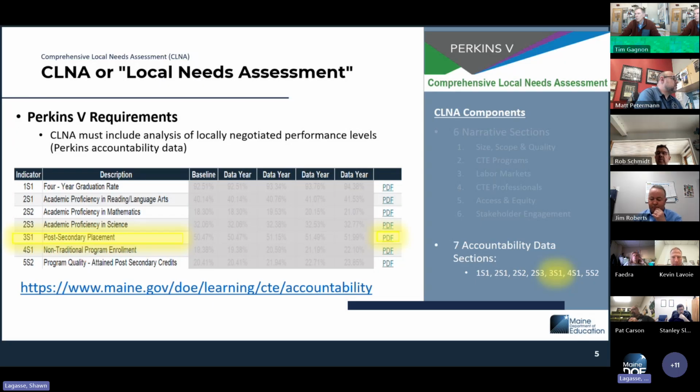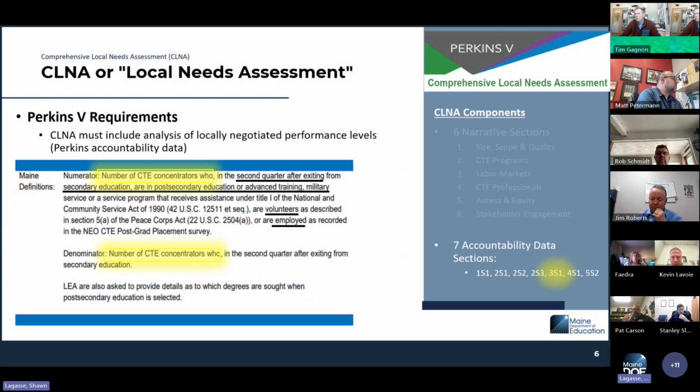When you click on the PDF, it's going to bring you up to what's in the actual Perkins law. It'll list out what the act says is the definition. But then there's also a section that we wrote up that says main definitions. This is a little bit more plain English language that demonstrates what we are measuring.